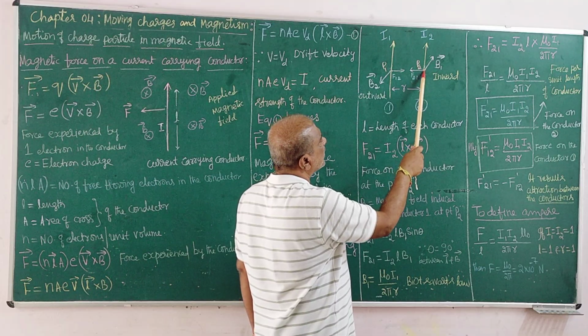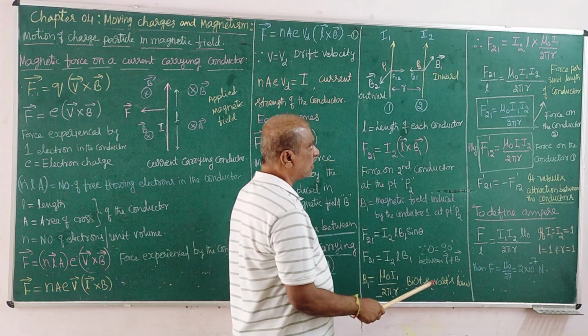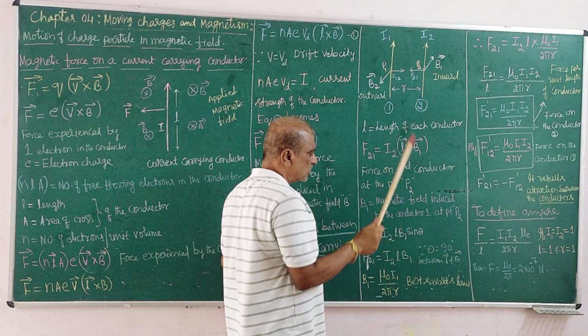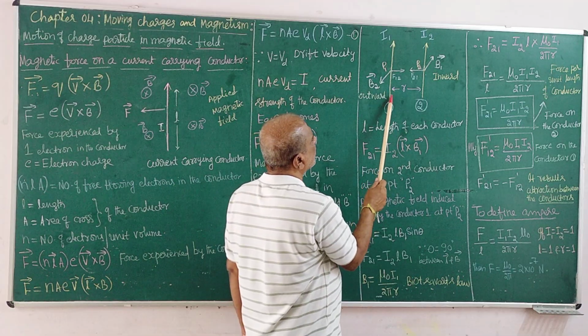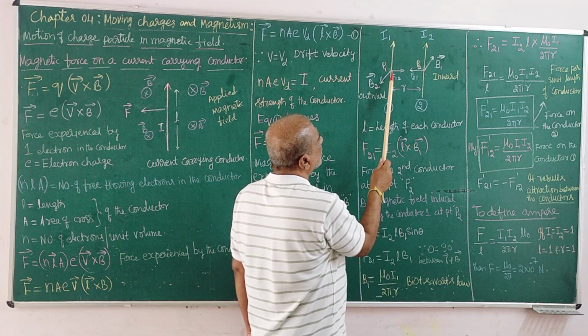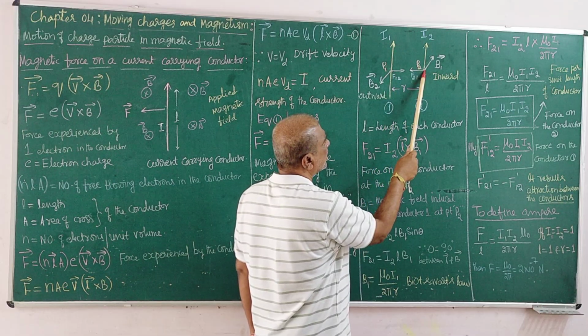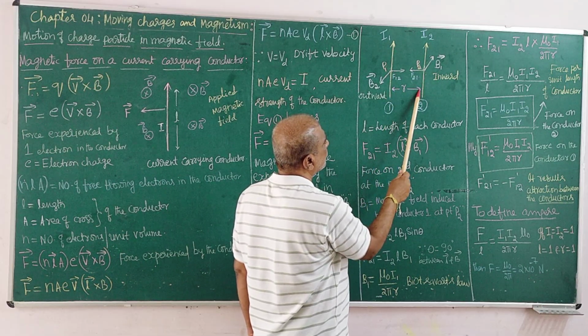So how do you write the magnetic field? I estimate the magnetic field at this point using Biot's law. That is already taught. If the conductor carries current, this induces a magnetic field at this point. The point is on the other conductor at a distance of r.